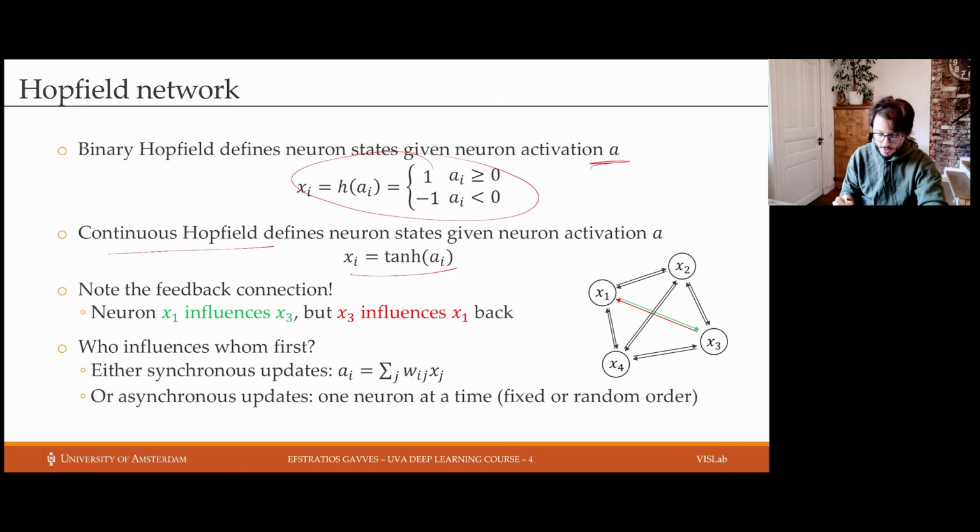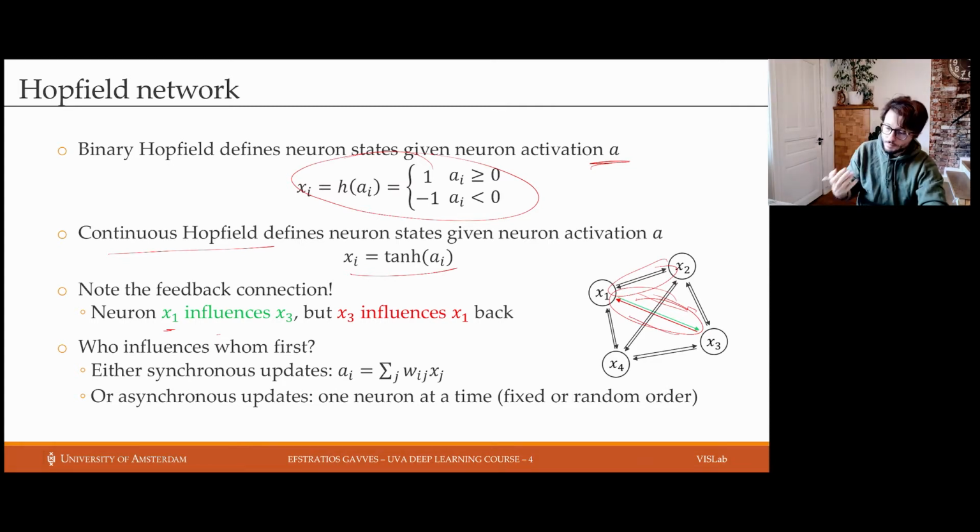There is a feedback connection, and this is a very important detail to note. Between every two nodes, between every two variables, the information goes both ways. So the X1 neuron influences X3, this green arrow, and in reverse, the X3 neuron influences X1.